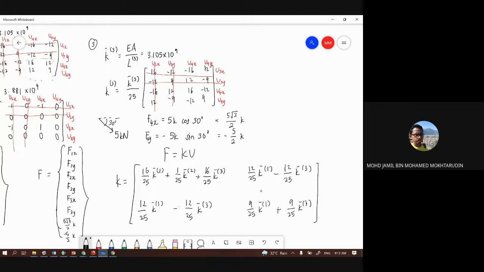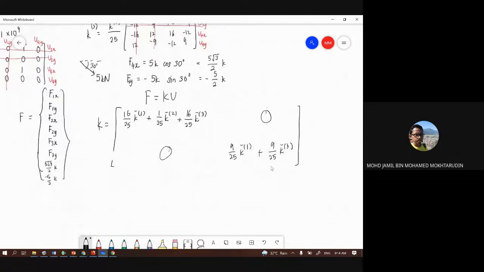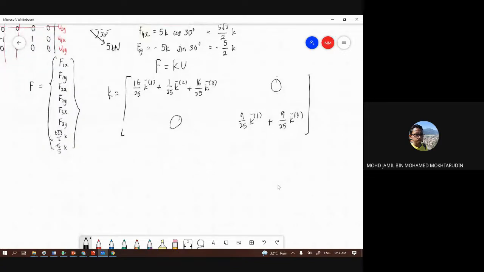Okay, so these two elements here cancel each other, so you get 0 here. And now we can find the displacement.